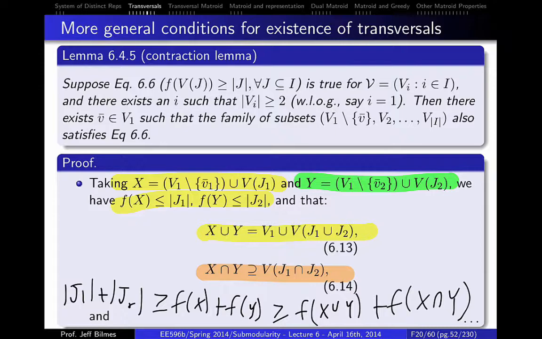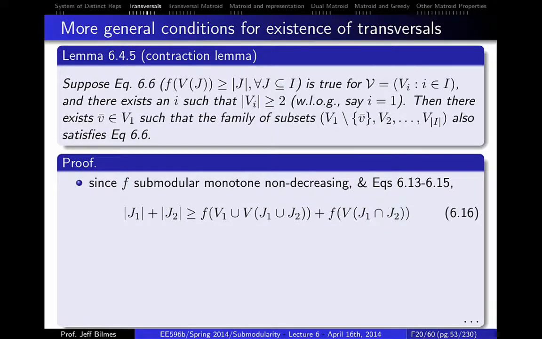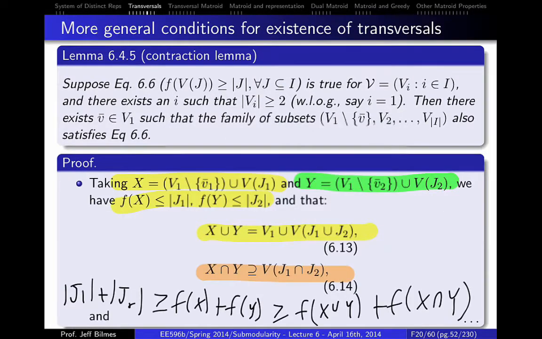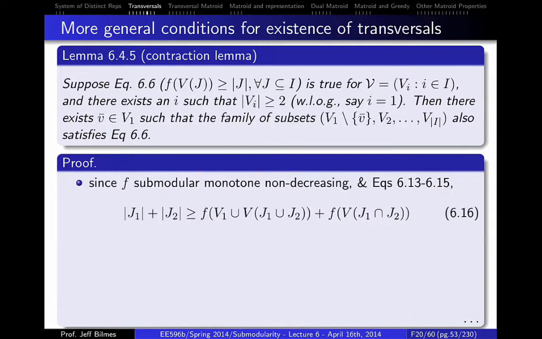And once we've got that, we can sort of put these two pieces together. We take the left-hand side here, and the right-hand side here, but now put back in the definitions of the union and intersection in equation 6.13 and 6.14, and we get the following. So we've used submodularity, that's all we've used.